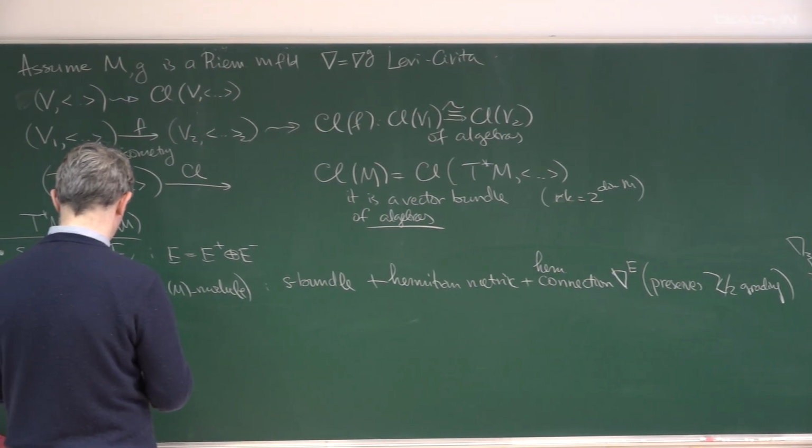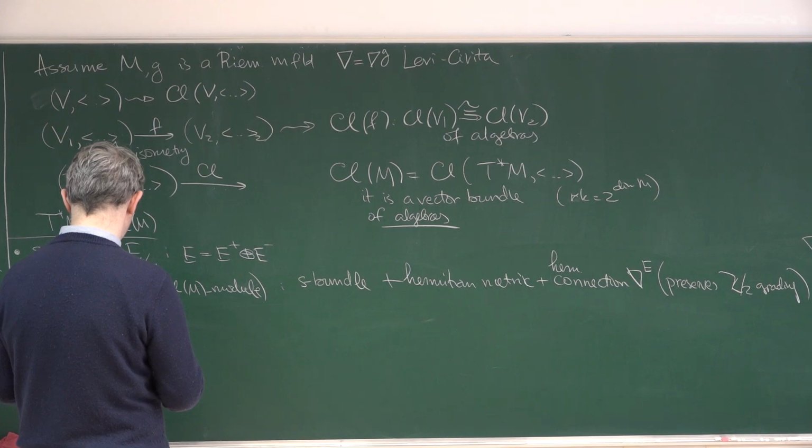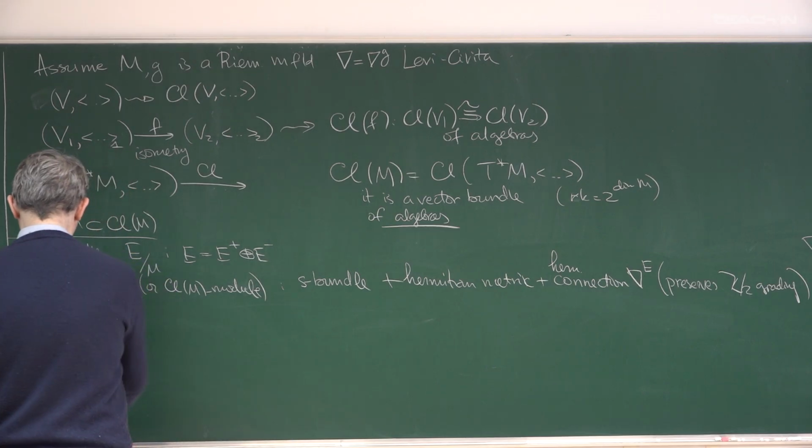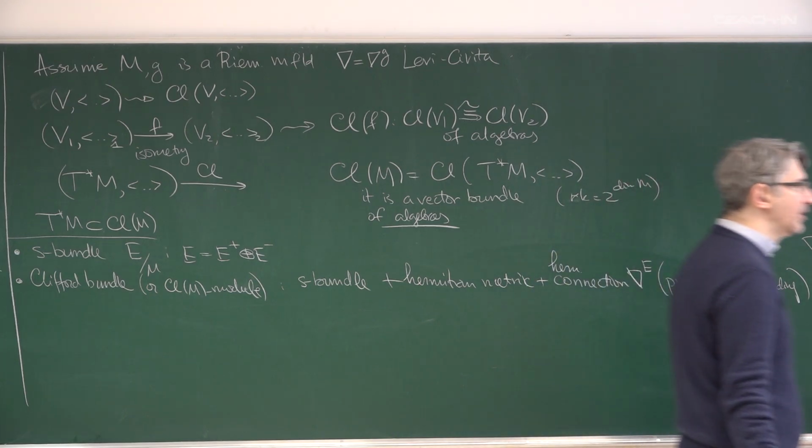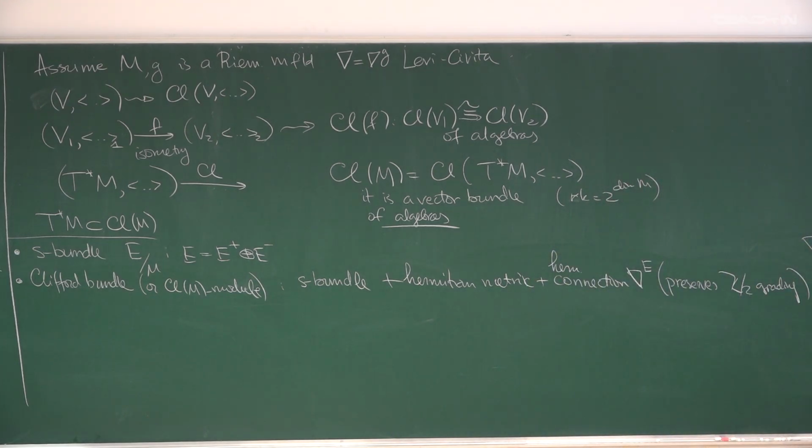I would assume that a Clifford bundle is just a sheaf of Cl(M)-modules, no? If you say it's a sheaf, it would be constant stalks, a constant fiber, the same fiber at each point.